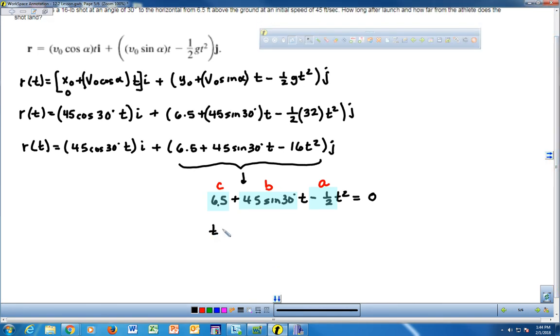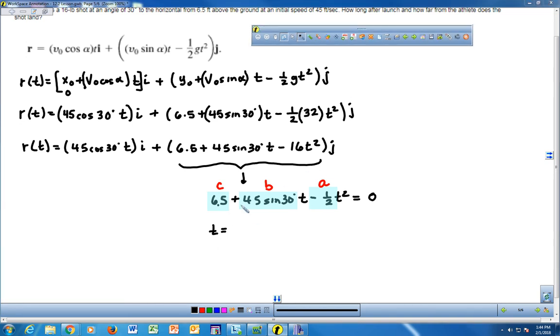Now we cannot use the original formula for the flight time because in this one it is not shot from 0. It is shot at a height of 6.5. So we need to go through the whole process that I went through at the beginning to find the time using the quadratic formula.